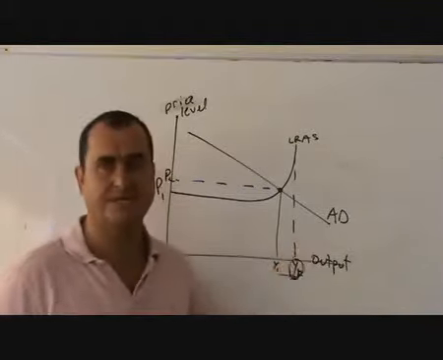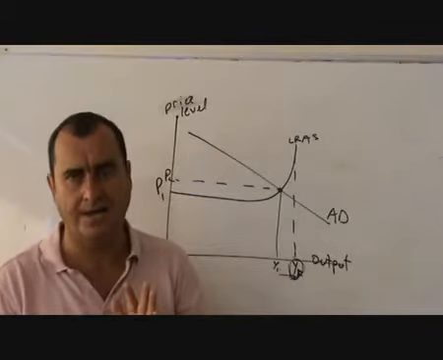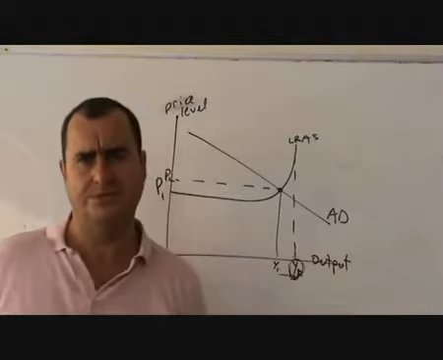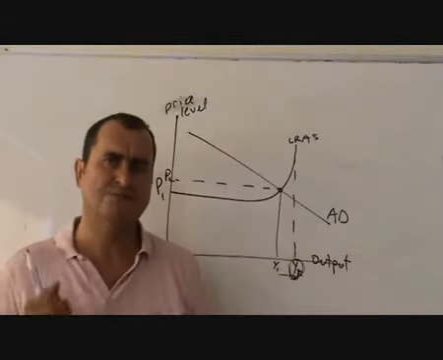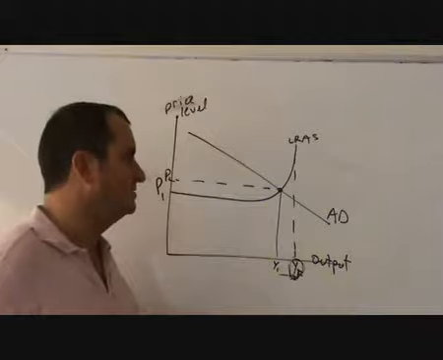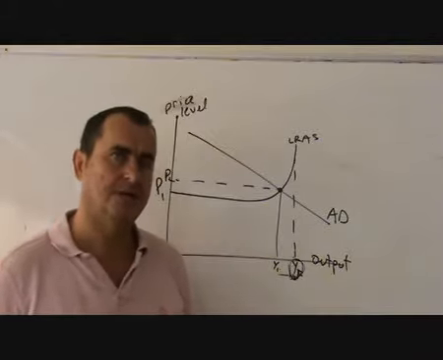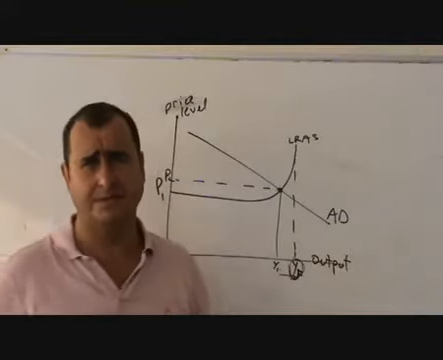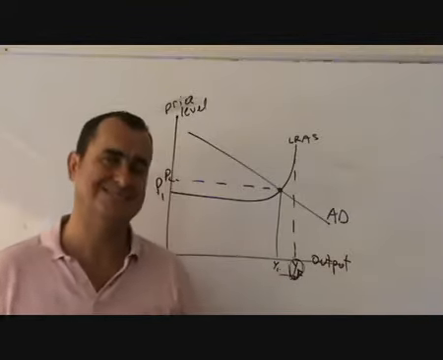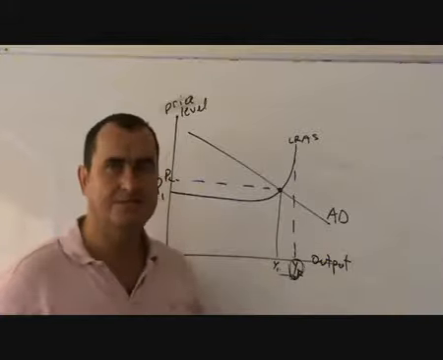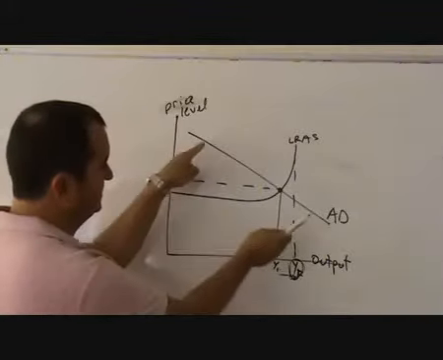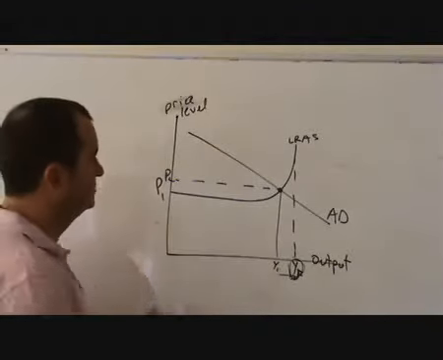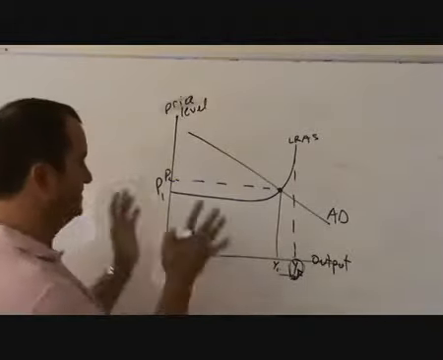Remember, the components of AD are C, consumption, I, investment, G, government spending, and the difference between export and import spending, X minus M. So fiscal policy is where the government manipulates its level of government spending or its level of taxation with the intention of manipulating the position of the aggregate demand curve.